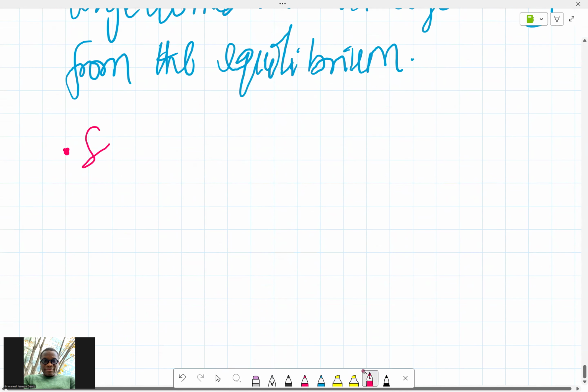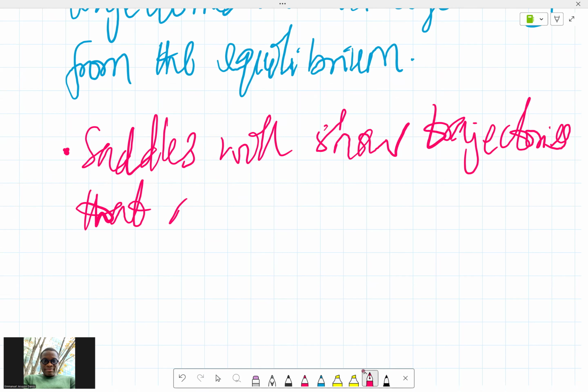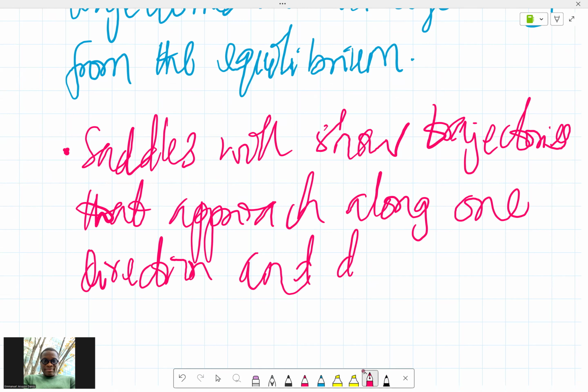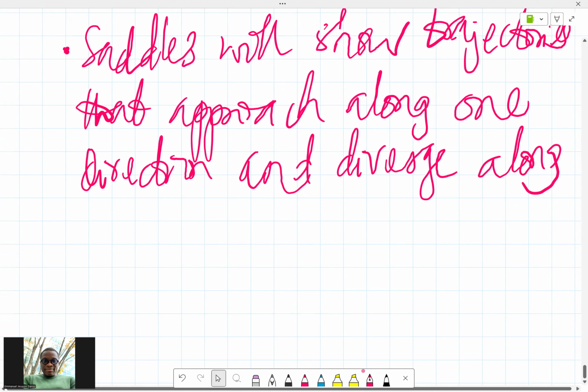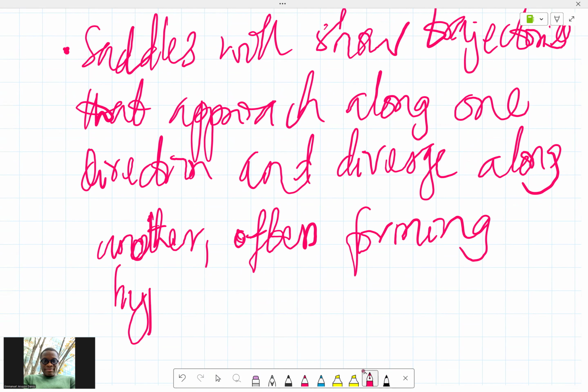Saddles will show trajectories that approach along one direction and diverge along another, often forming hyperbolic patterns.